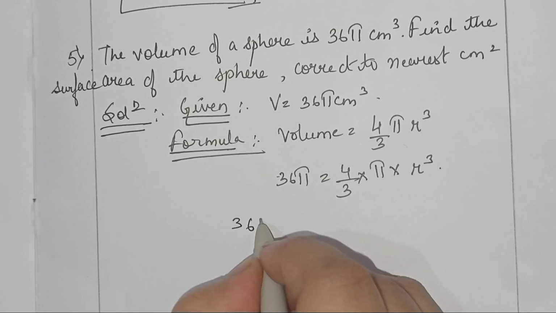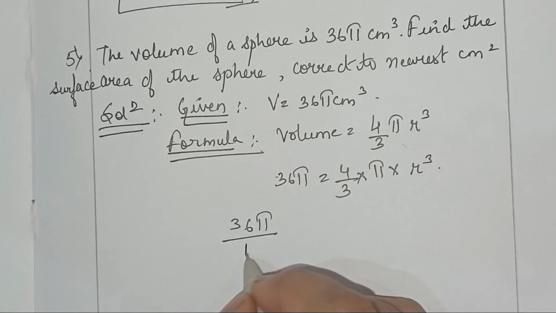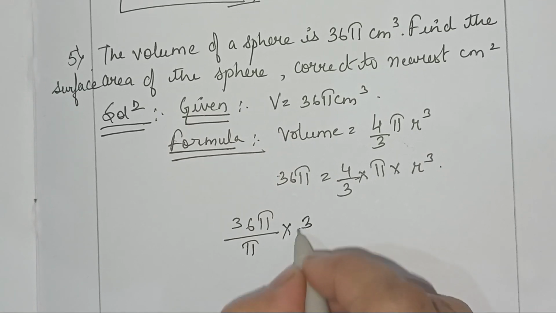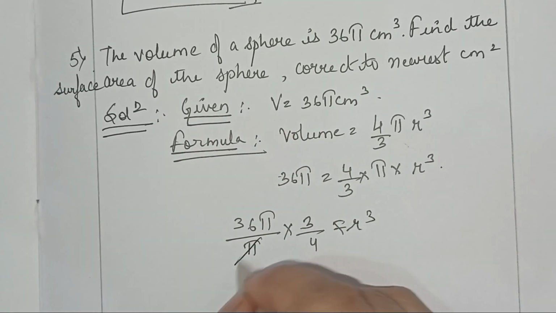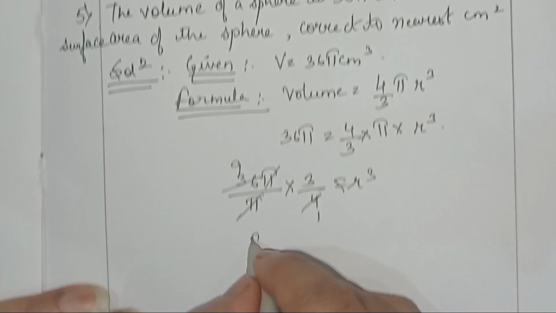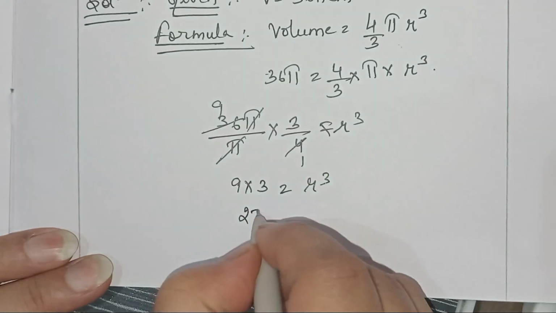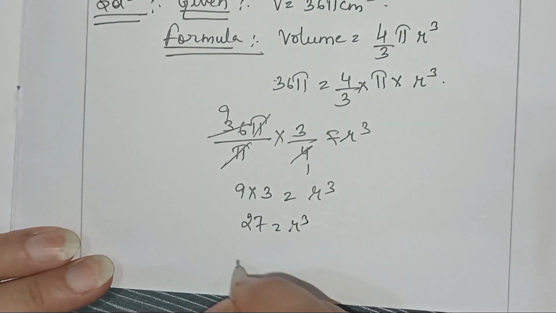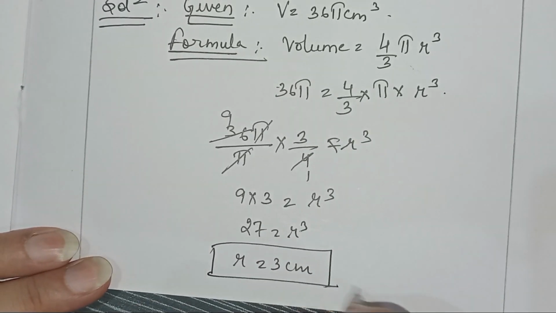So 36 pi over pi into 3 over 4 is equal to r cube. 4 ones 4. 9 into 3 is r cube. 27 is equal to r cube. R will be 3 meters. We now calculate the surface area.